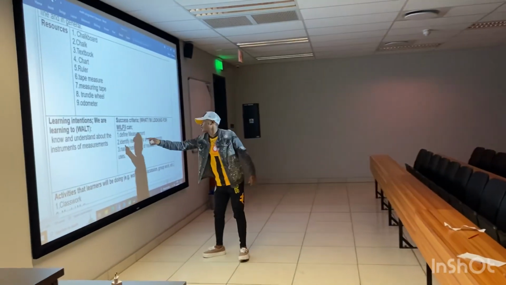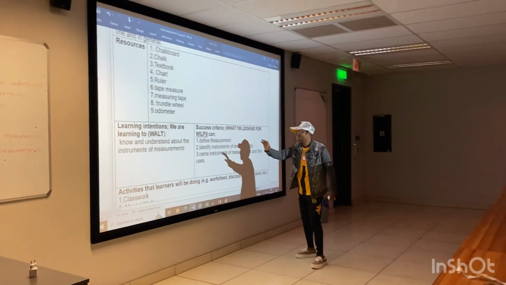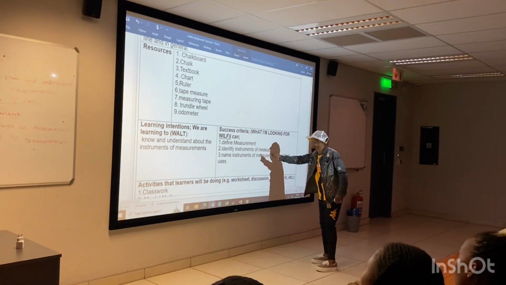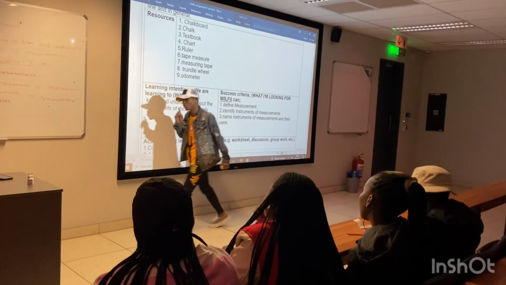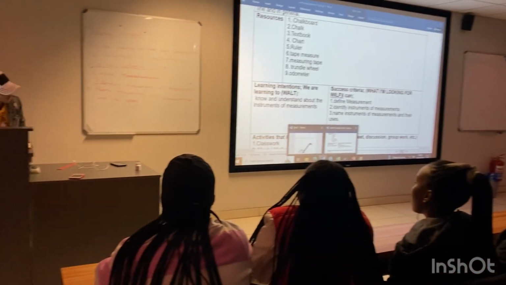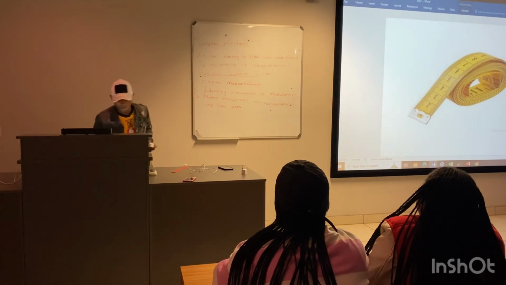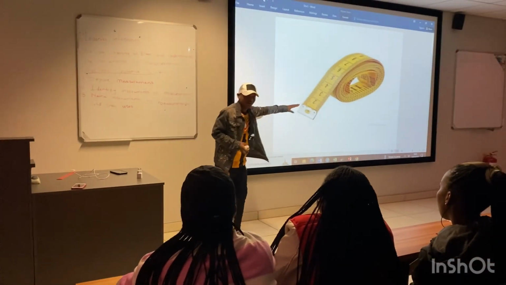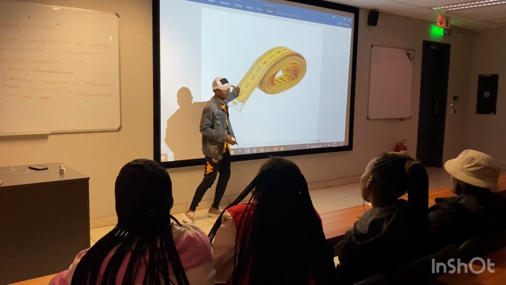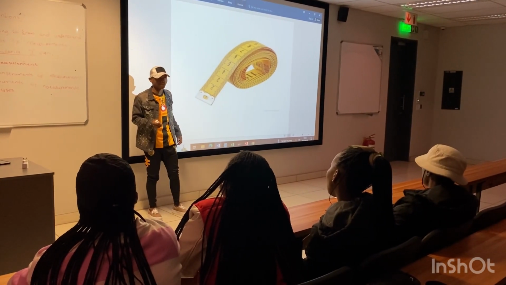Right? Let's see number 2. Number 2 says identify instrument of measurement. Let me show you these pictures, and you will identify them and call their names. Can we identify this picture? What is the name of this instrument of measurement?